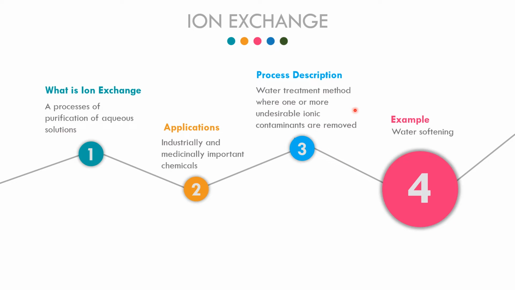Third point is process description, which includes water treatment methods where one or more undesirable ionic contaminants are removed from water by exchange with another non-objectionable or less objectionable ionic substance, for example, water softening. Ion exchange is also efficient in removing toxic metals from water.